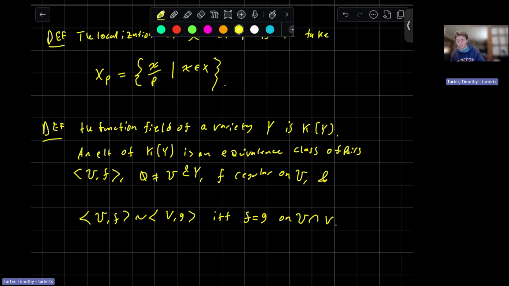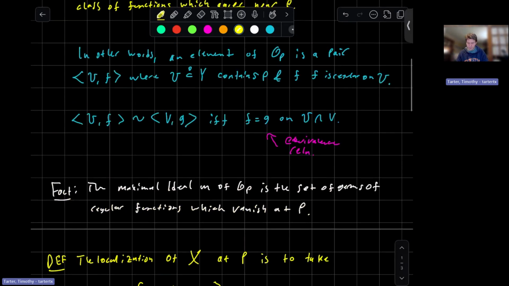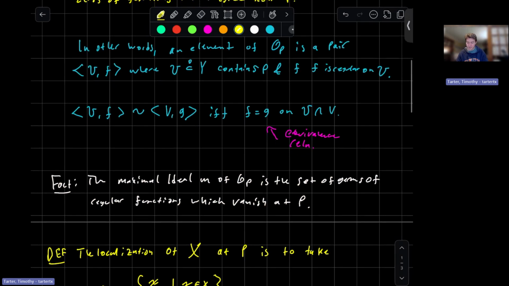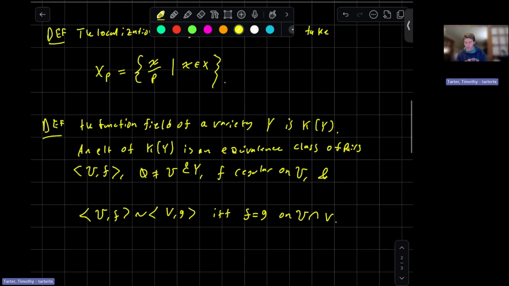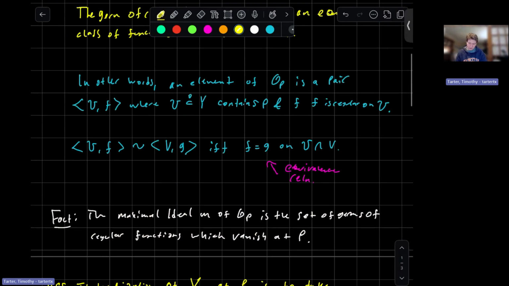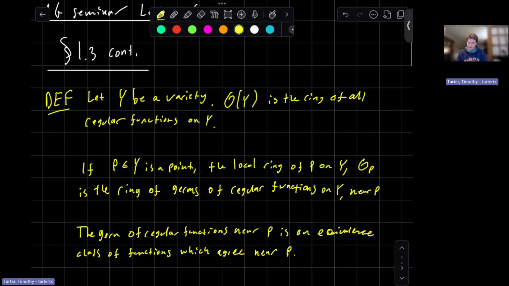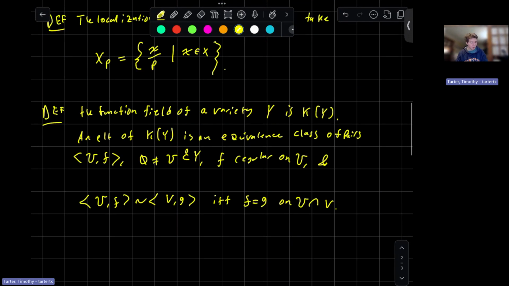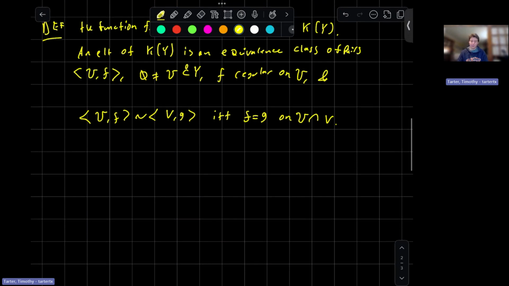So we're using the same equivalence relation, but the things that we are comparing are different. Here we don't have to contain P, we just have to be regular on U. And moreover, for the ring of all regular functions, it is definitely not a thing of equivalence classes. So basically, I'll put this into a table form.